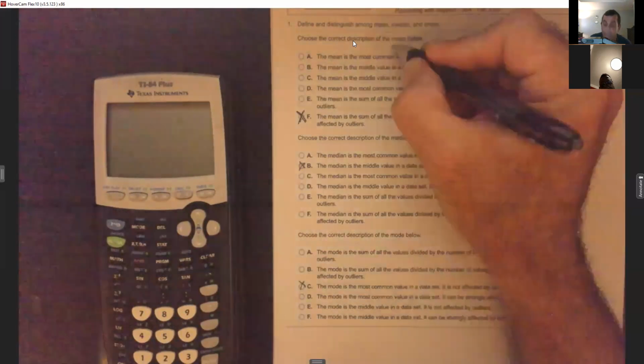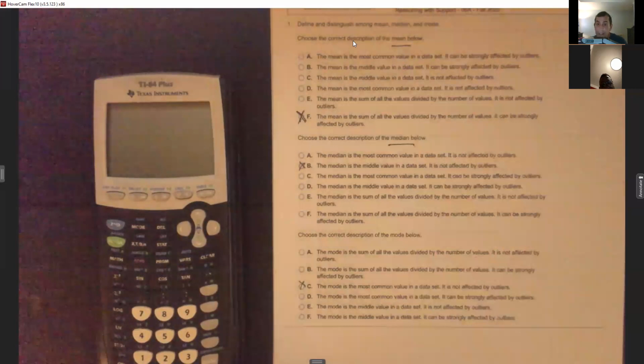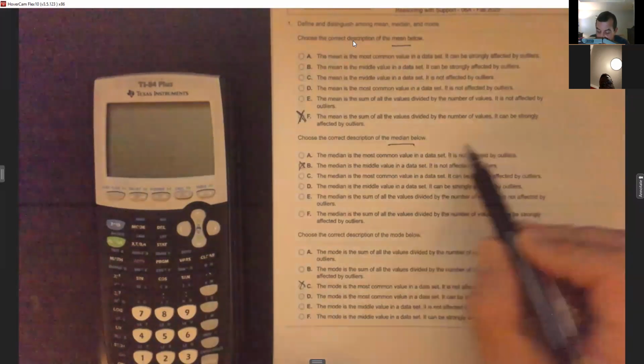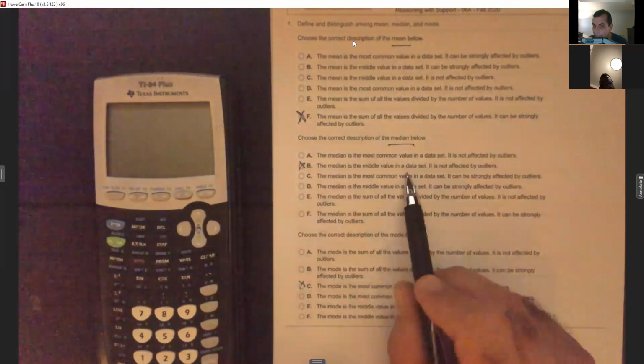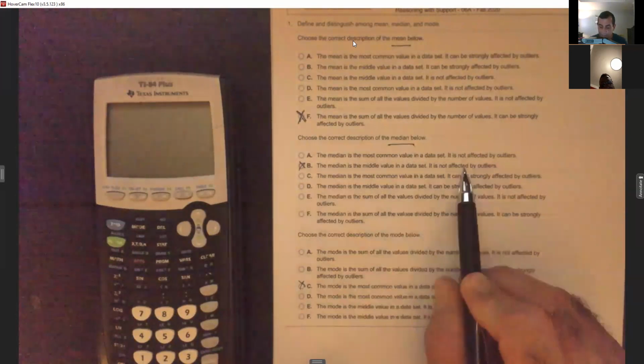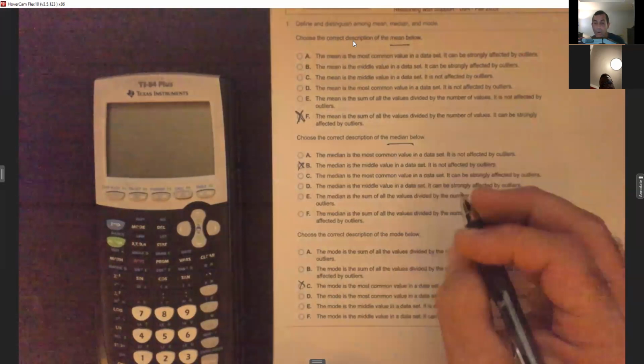Then it wants you to define the median. Remember, the median is the middle value in the data set, and we said it was not affected by outliers. So I went with B on this one. And then finally, y'all, the mode.